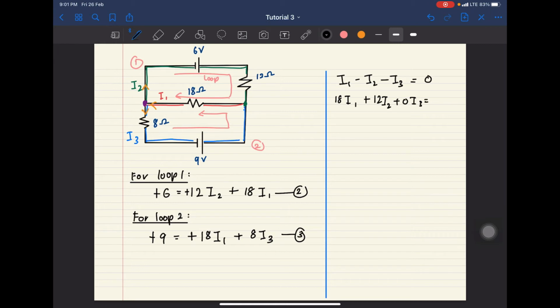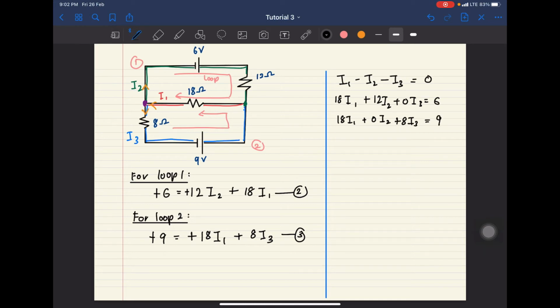I put 0 so that you don't get confused when you try to enter inside your calculator. And then the third equation, again, all the variables is already in one side, so it will be 18I1 plus 0 I2, there's no I2, but you have I3, which is 8I3 equals to 9.